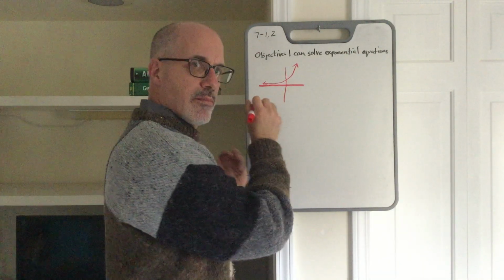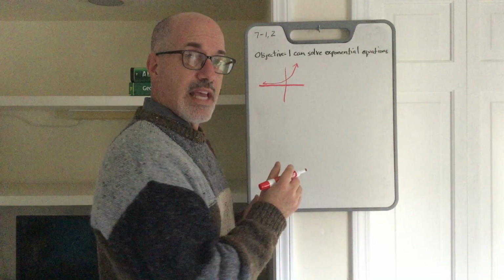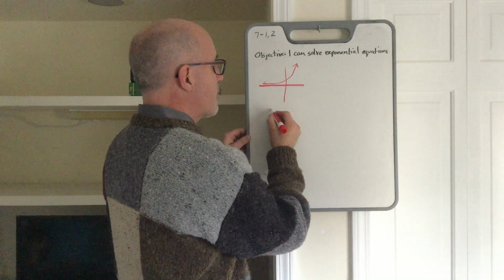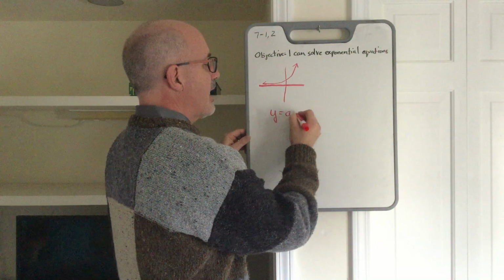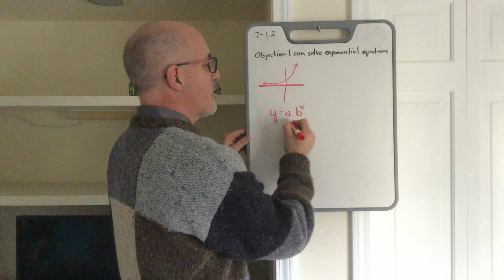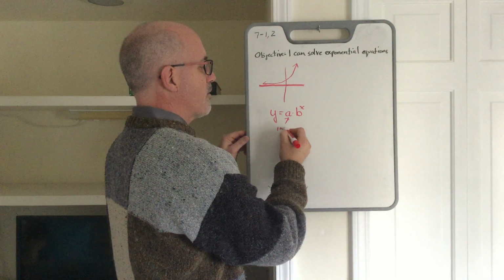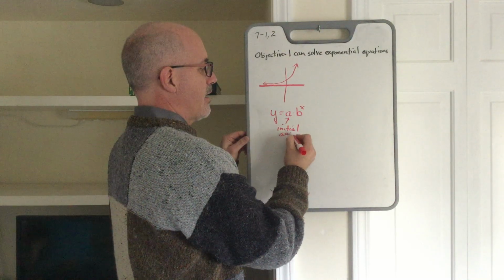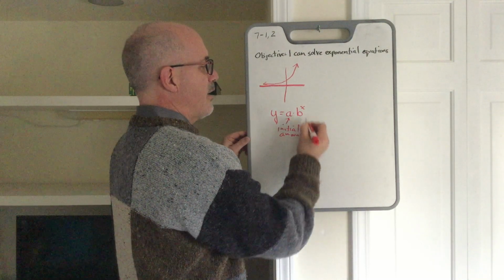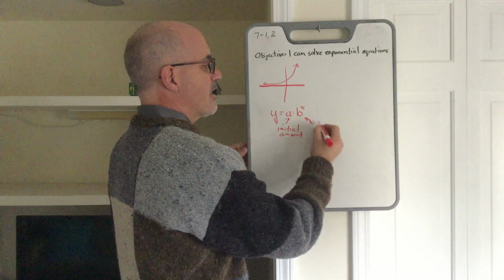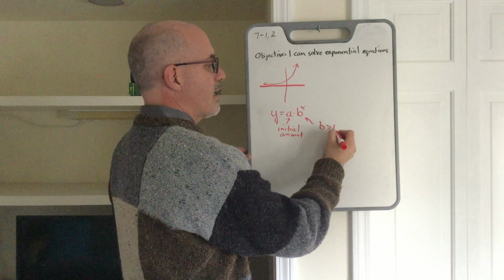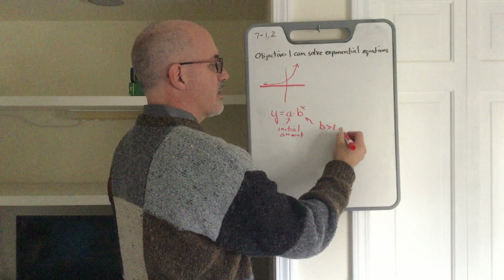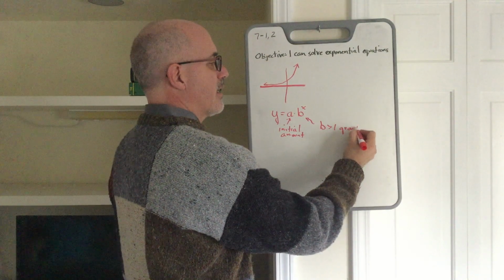Exponential growth is a graph that starts out very closely to the asymptote and then grows from there. This line here, the x-axis, is called the asymptote, and that's in the form of y equals a times b to the x, where a is the initial amount and b, if it's greater than 1, is growth.